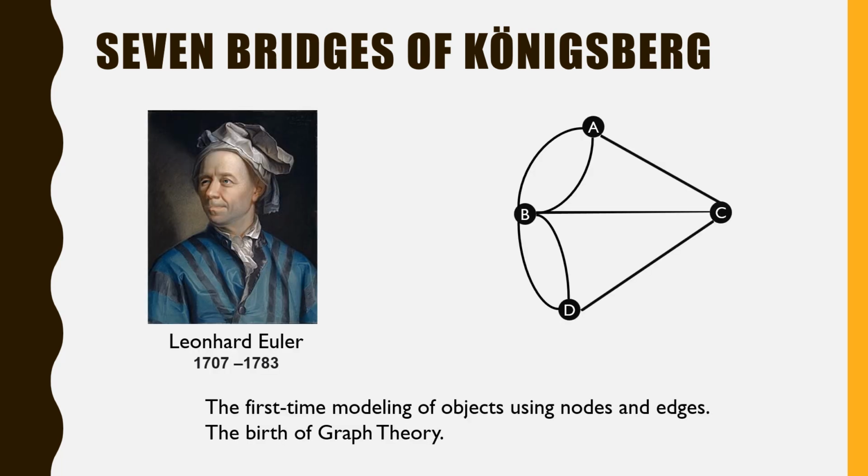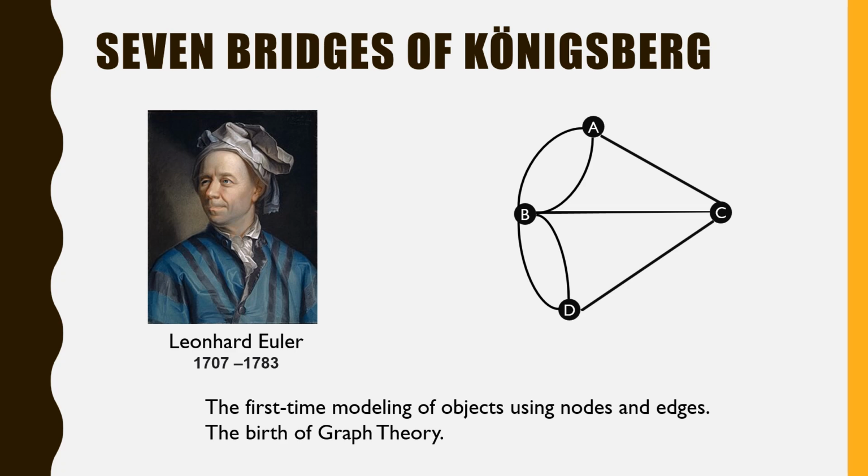Leonhard Euler was the first to formally solve this problem in his 1736 paper, Solution of a Problem in the Geometry of Position. In his approach, Euler represented the 4 landmasses of Königsberg as nodes, and the bridges connecting them as undirected edges.